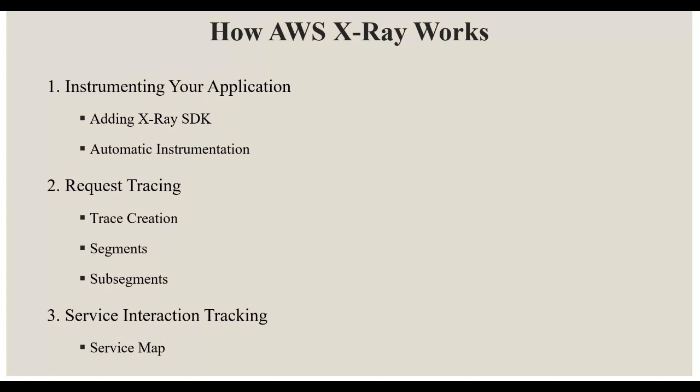So with instrumentation and automatic instrumentation, when a request comes into your system, X-Ray generates a unique ID associated with the request, and with that ID the request flows through your services.